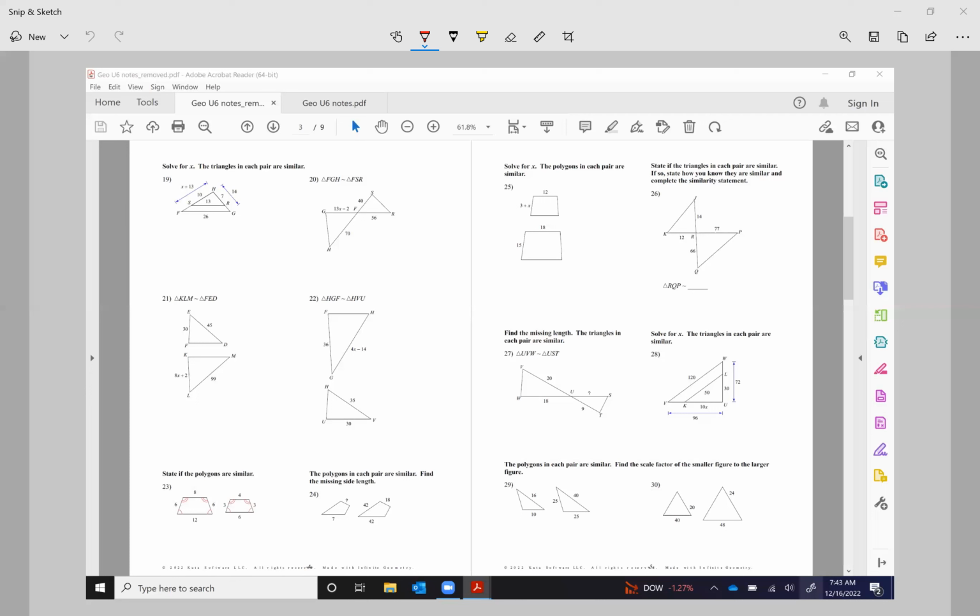So TSR is the big triangle. And I'm going to say this is similar to TLK, all capitalized, by angle.